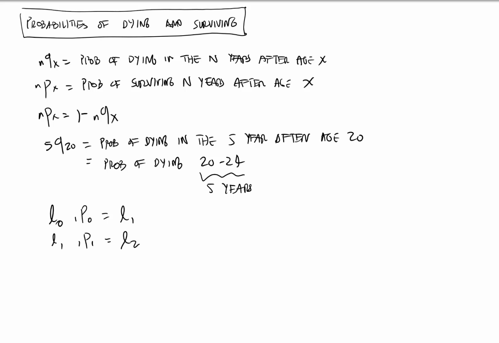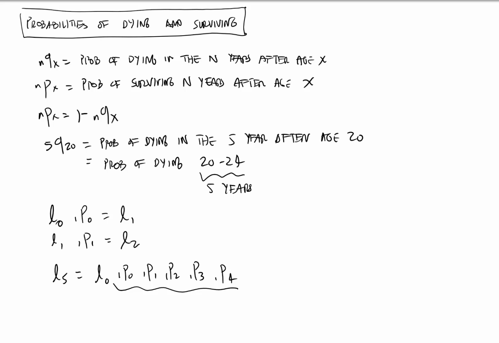We can continue this, and we can see that L5, we can do the expansion just like we did before, and we can do a substitution. We can see that L5 should equal L0, our radix, times 1P0, times 1P1, times 1P2, times 1P3, times 1P4. There are 5 years, and there are 1, 2, 3, 4, 5 of these 1 year probabilities of surviving.